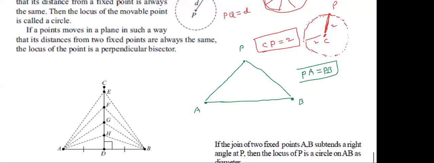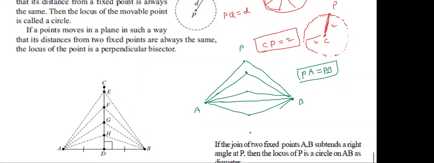Okay. Now what is the locus? Suppose P point is taken here, the distance is the same. These distances are equal. Suppose take here, these two lengths are equal. Suppose take here, these two lengths are equal, like that.